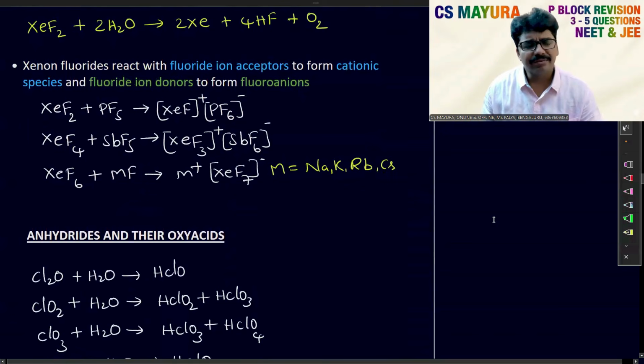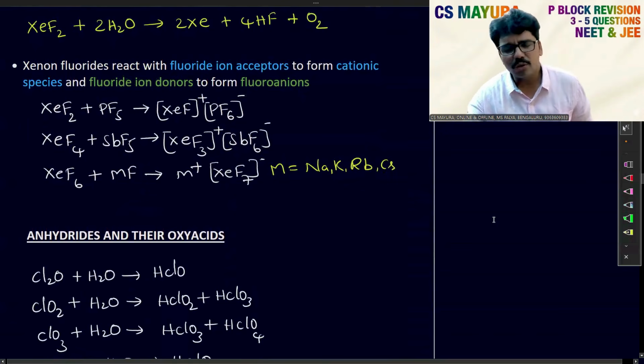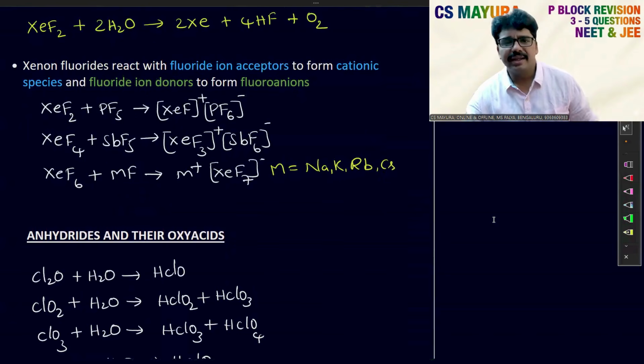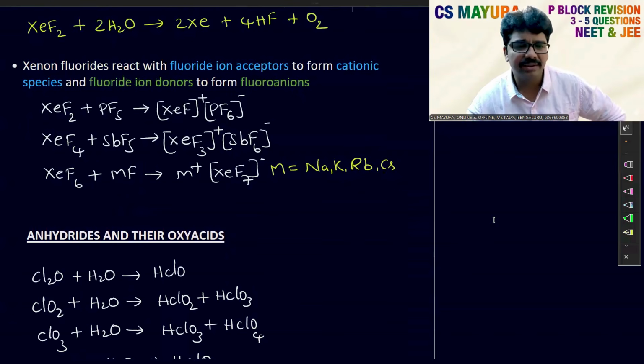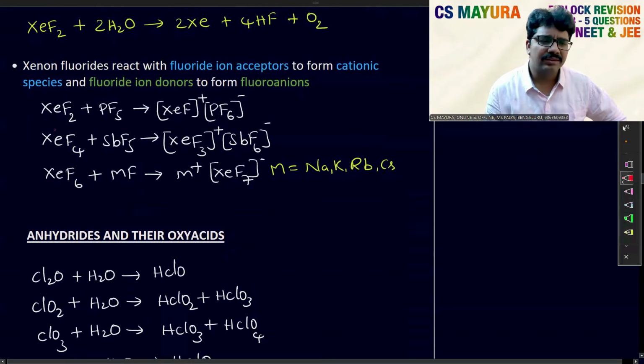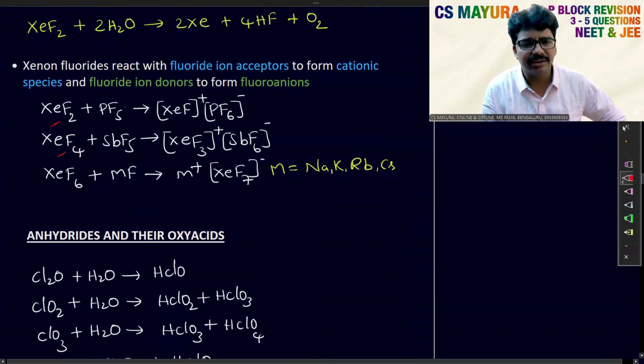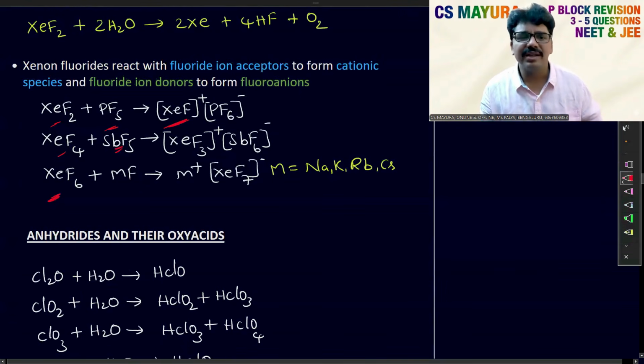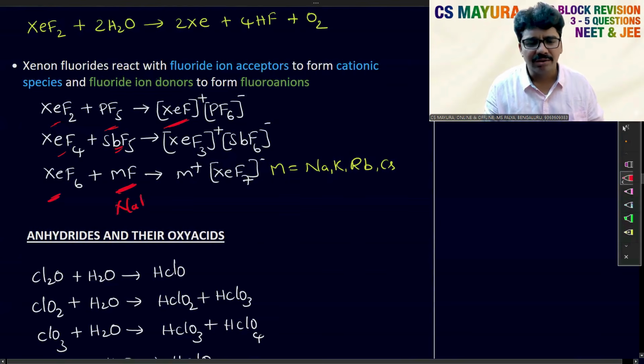Next, xenon fluorides. These xenon fluorides are fluorinating agents. The compounds are not highly stable, so they easily provide fluorine. When xenon fluorides combine with fluoride ion acceptors, they form cations. If xenon fluoride combines with a fluorine donor like MF, sodium fluoride or potassium fluoride, they form anions.